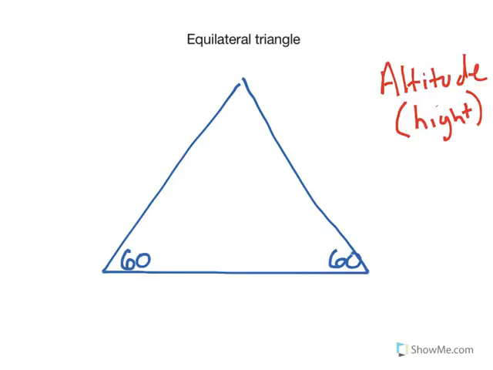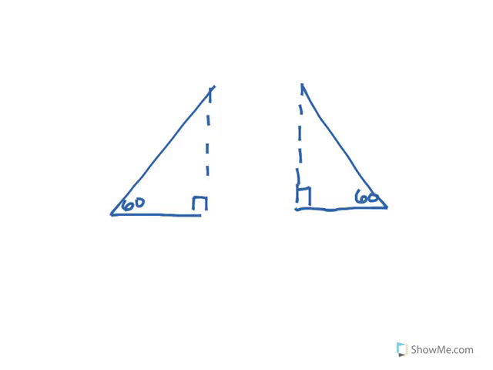So here's me drawing an altitude down the middle of this. It's a height, and it's also like taking a pair of scissors and cutting along this red dotted line and cutting the equilateral triangle perfectly in half. So what will you get? What will happen if I cut along that line is we're going to have two 30, 60, 90s.